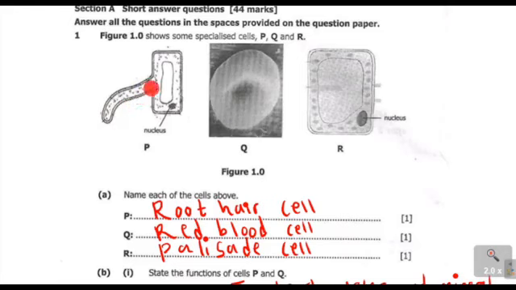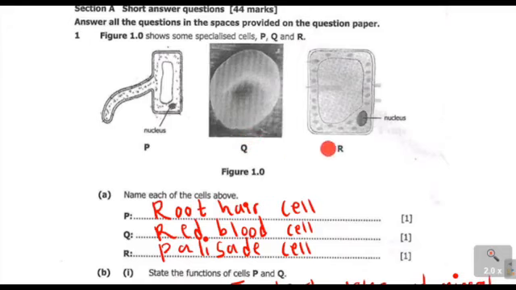That is how the root hair cell is adapted to its function. Then when you look at cell Q, which is the red blood cell, it is adapted to its function by having a biconcave disc shape to increase the surface area for diffusion of oxygen.